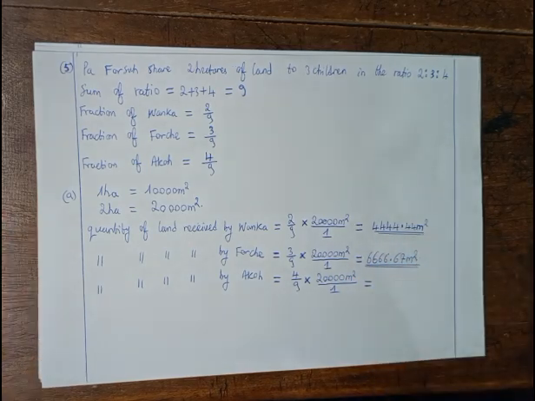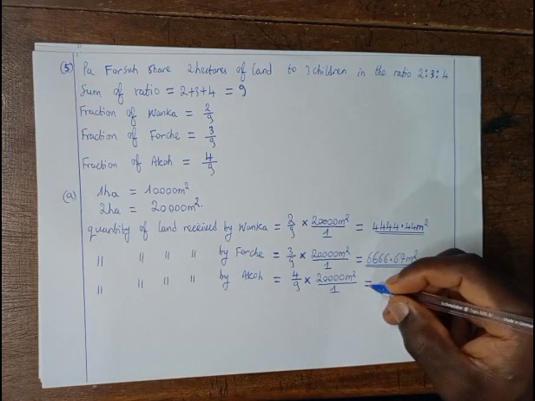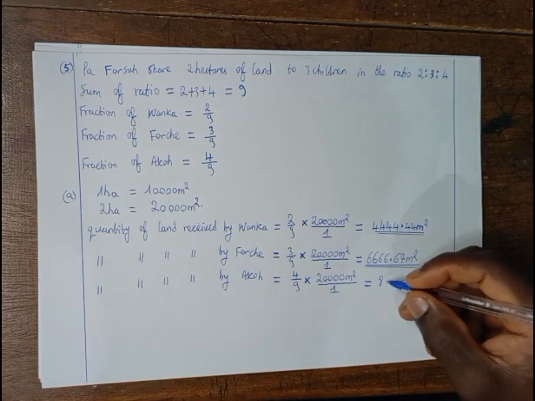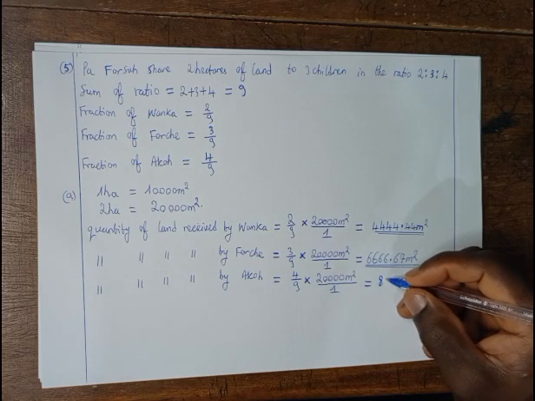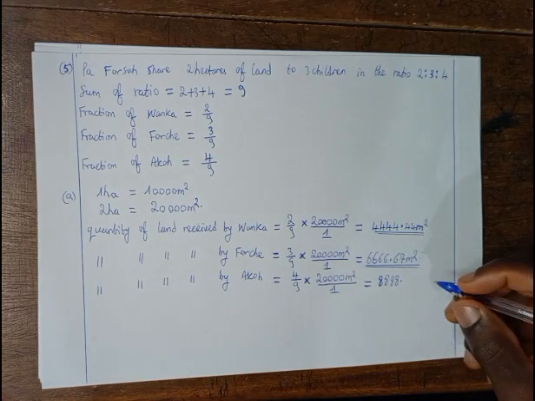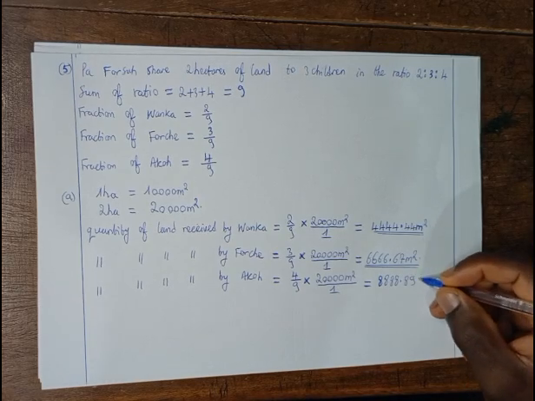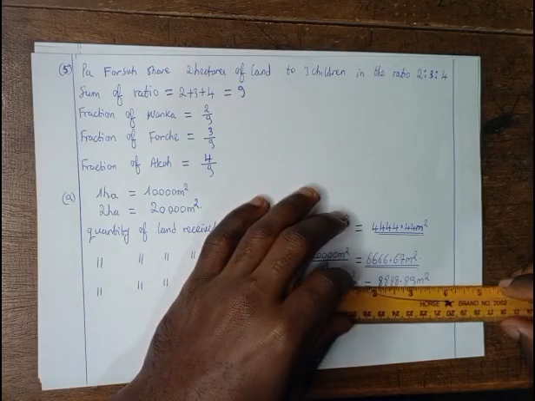We are going to multiply 20,000 by 4, which gives us 80,000. Then we divide the 80,000 by 9. This will simply be 8,888.89 meters squared to two decimal places.